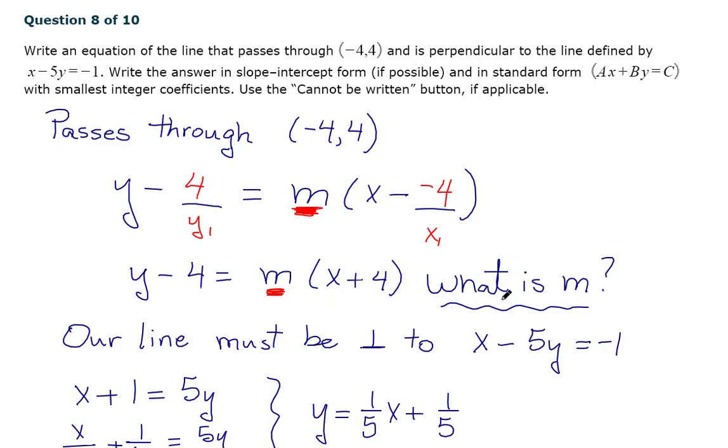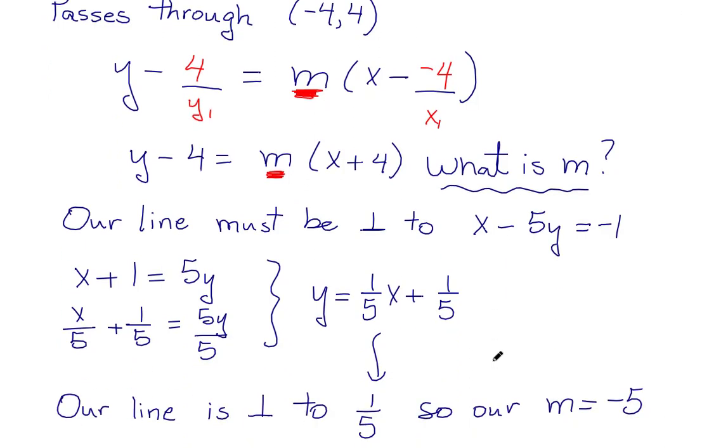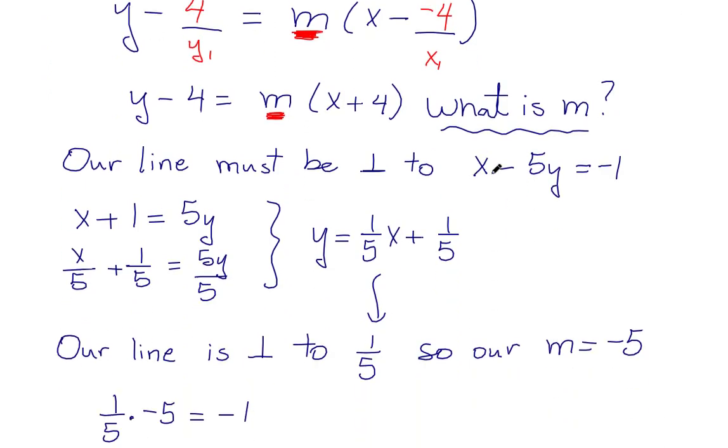So what is this m? Well, our line is supposed to be perpendicular to this other line. Okay, so our line has got to be perpendicular to the other item. So looking at this other item, what is its slope? Well, I can't read it. It's in a bad form.